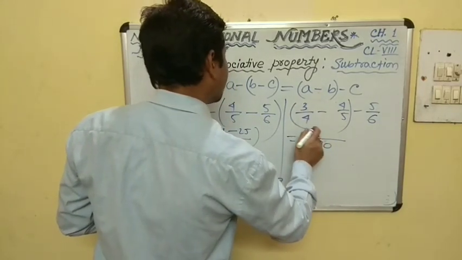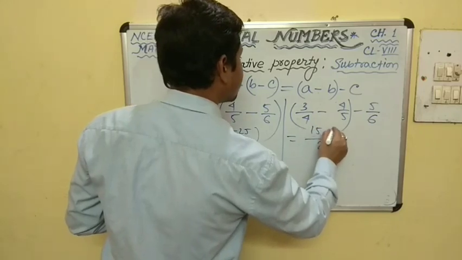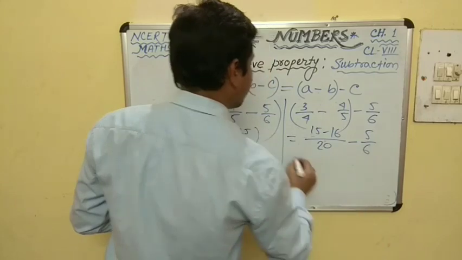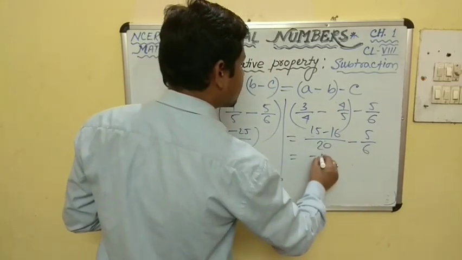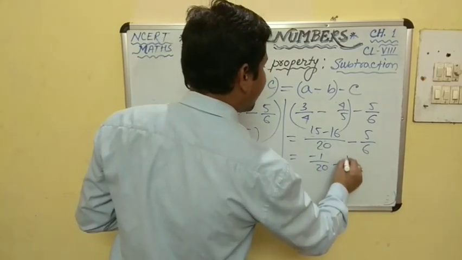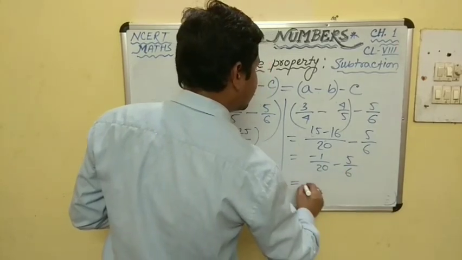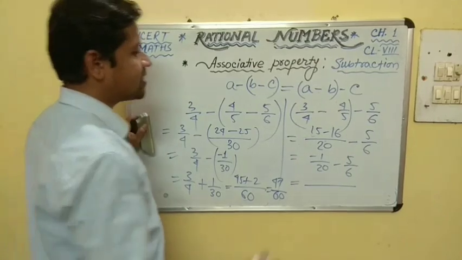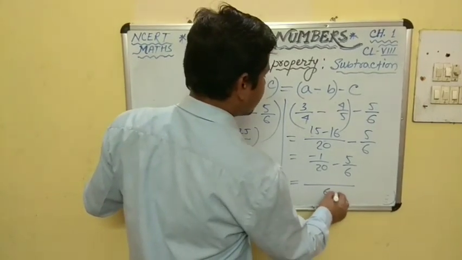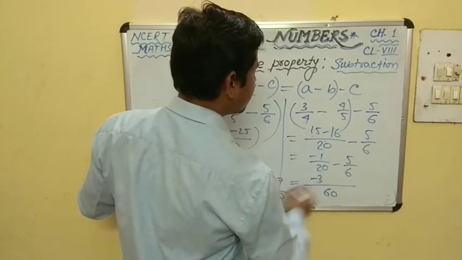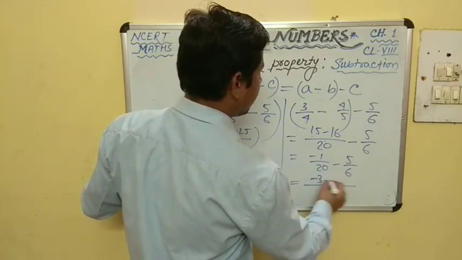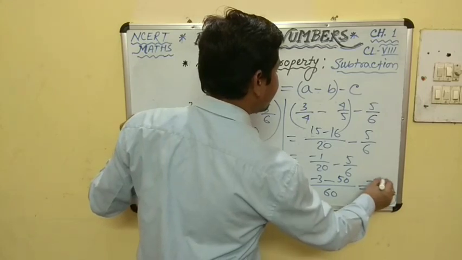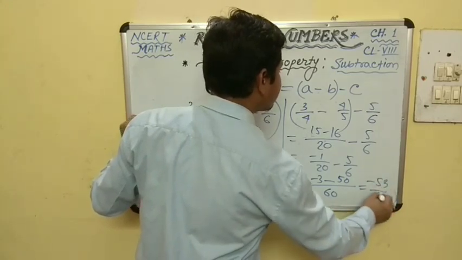So 3 fives are 15 minus 4 fours are 16, minus 5 upon 6 will be there. So here minus 1 upon 20, minus 5 by 6, and the LCM of 20 and 6 becomes 60. So 3 ones are 3, minus 3 here, and minus 10 twelves are 50. So the result is giving 53 divided by 60.